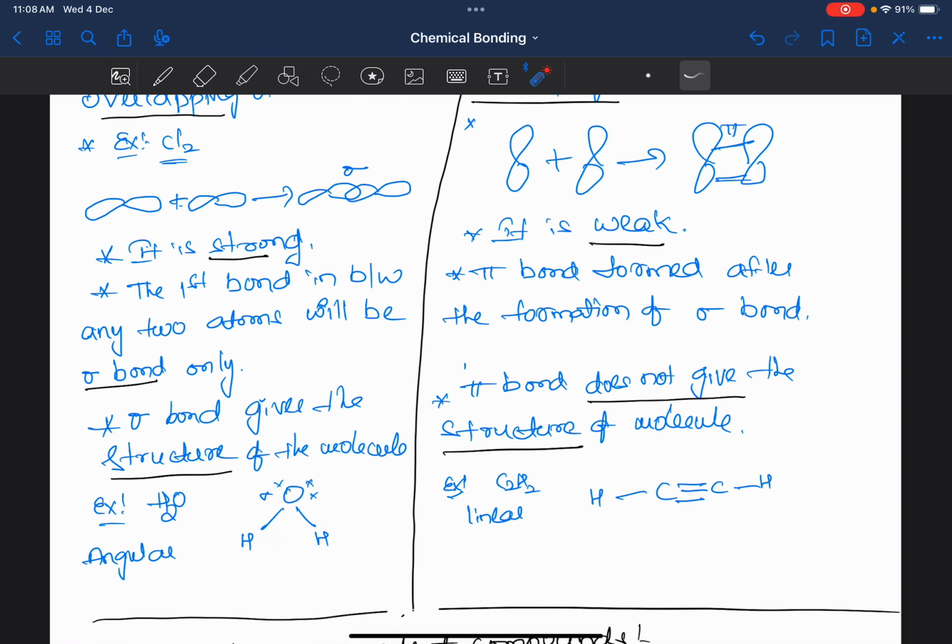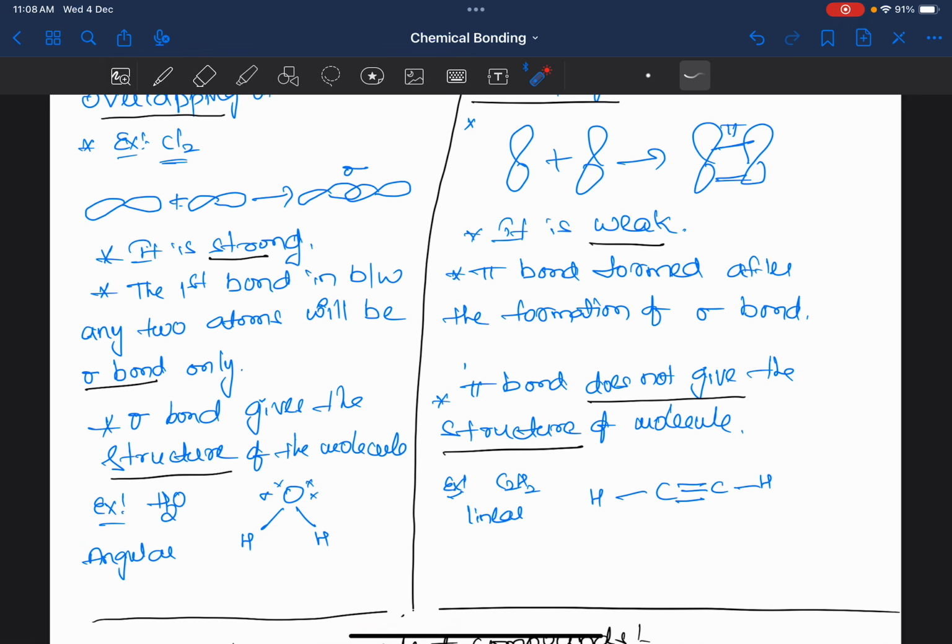Straight overlapping is observed here, so these two are sigma bonds only. Just now I said that the first bond in between any two continuous atoms will be sigma bond only. With the arrangement of these sigma bonds, we said its structure is angular. So we confirmed its structure is angular.